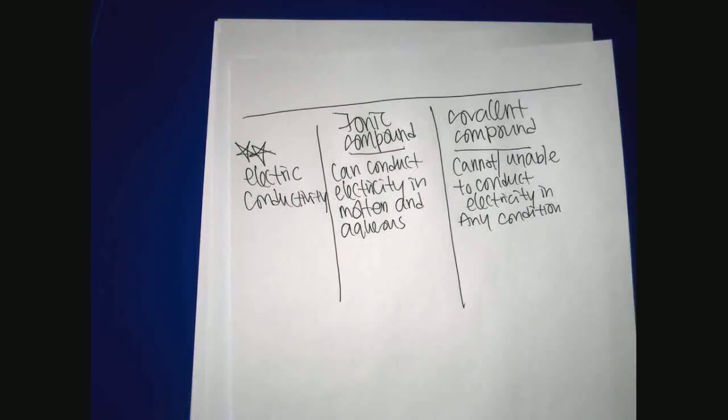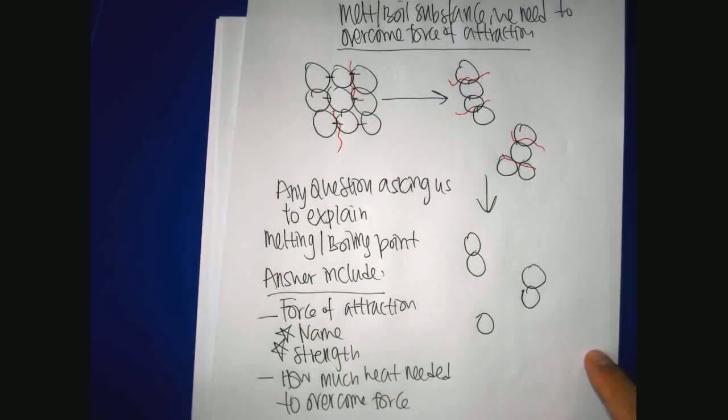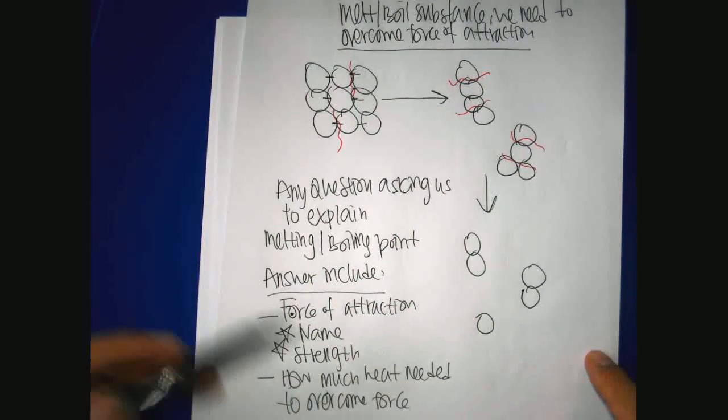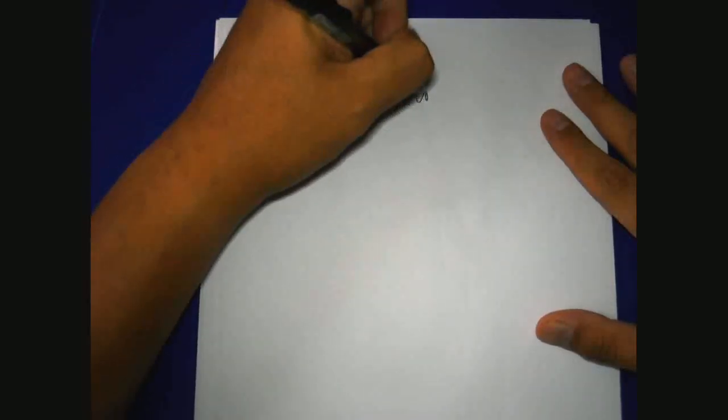As we learned a moment ago, when it comes to melting and boiling point, your answer must talk about force and heat. Now when you come to electric conductivity, I need you to understand the idea behind it.